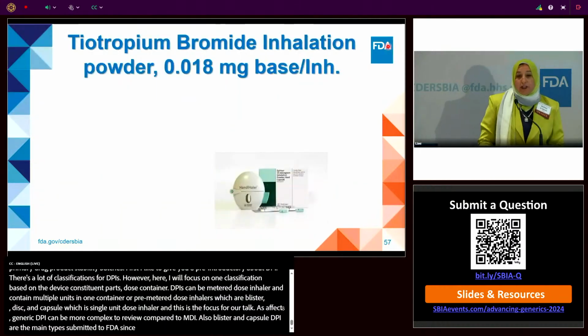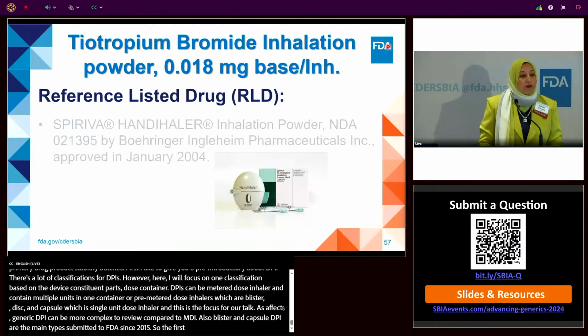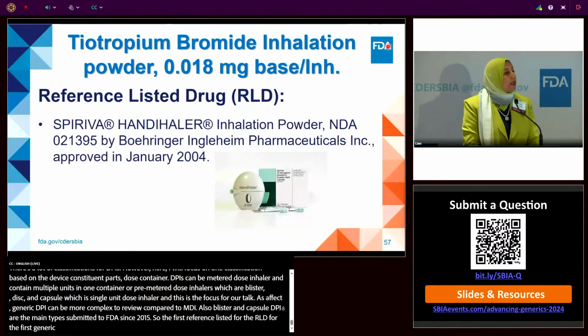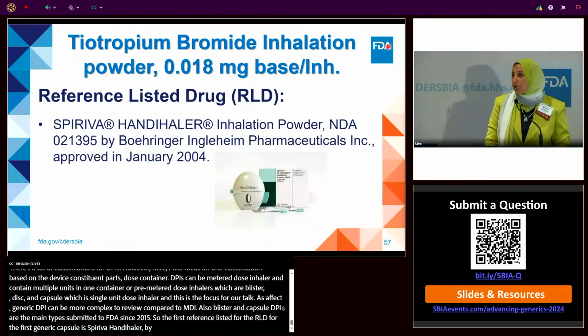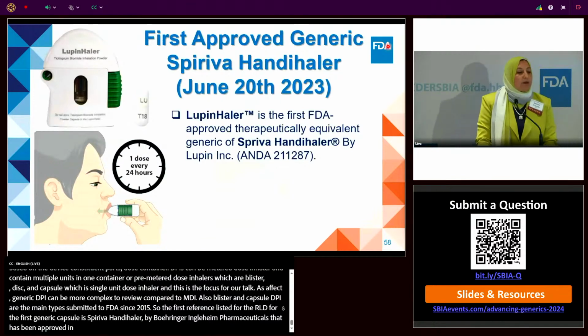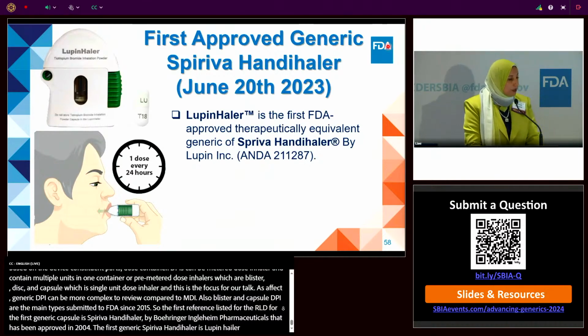So the reference listed product, the RLD, for the first generic capsule-based inhaler is Spiriva HandiHaler, NDA 021395 by Boehringer Ingelheim Pharmaceuticals, which was approved in 2004. The first generic Spiriva inhaler is Lupin's inhaler, ANDA 211287, which was approved in 2023.